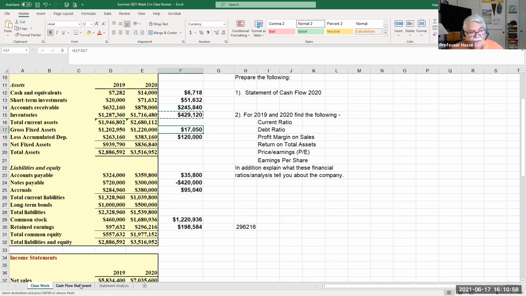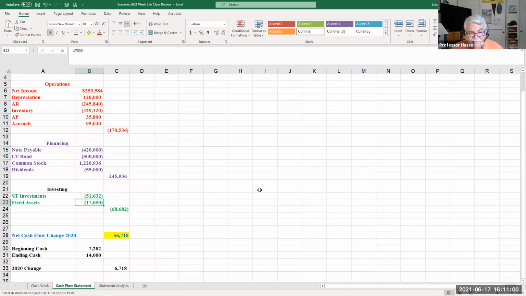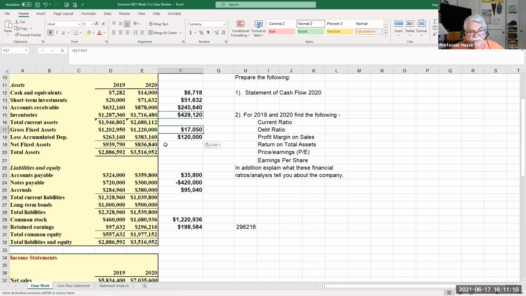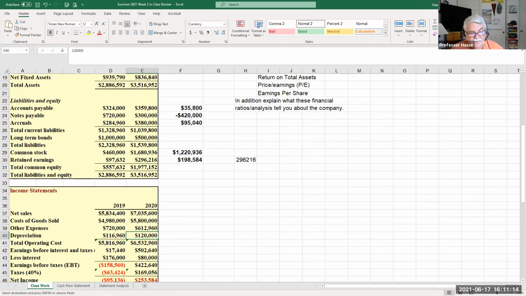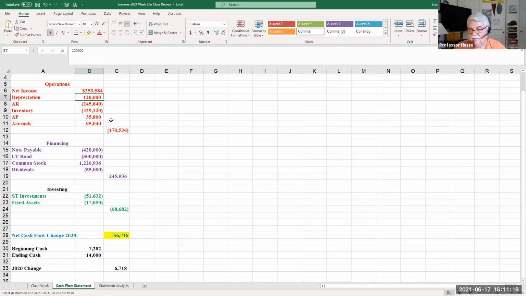Thus, under investing, that's $17,050 going out. We purchased additional assets. We invested in ourselves. Depreciation was 120,000, just like it is right here on our income statement.